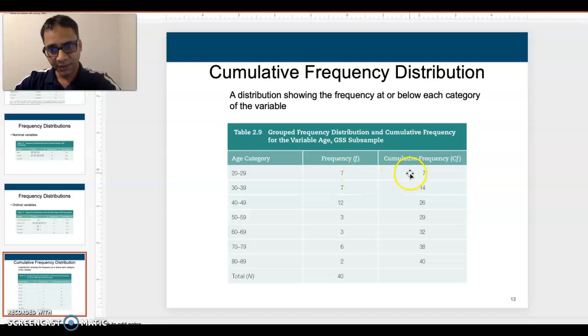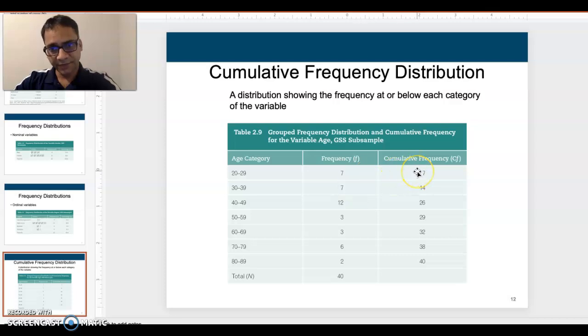And then in the third column, we have 7 frequency for age 20 to 29. Then for age 30 to 39, we have 7 frequency. In cumulative frequency, what we do is keep adding on the frequencies below.